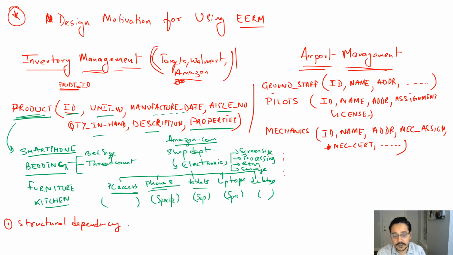So I hope you all understand why. Because all of these products are entity instances within this single product table, right? All of them may or may not have different unique categories of properties that you might need to store. Because it is pretty evident that when a search operation is performed on inventory management, users are going to search using the specific filters that are applicable to that category.